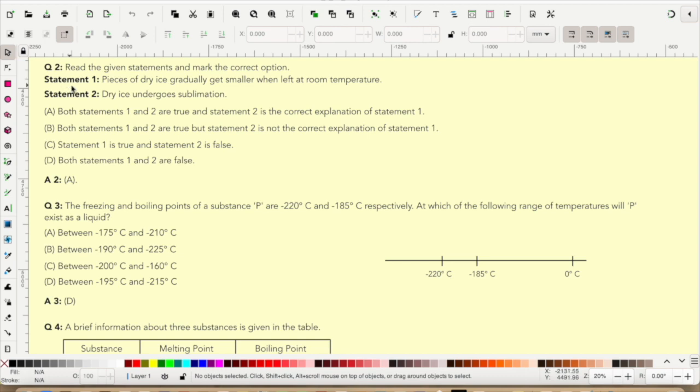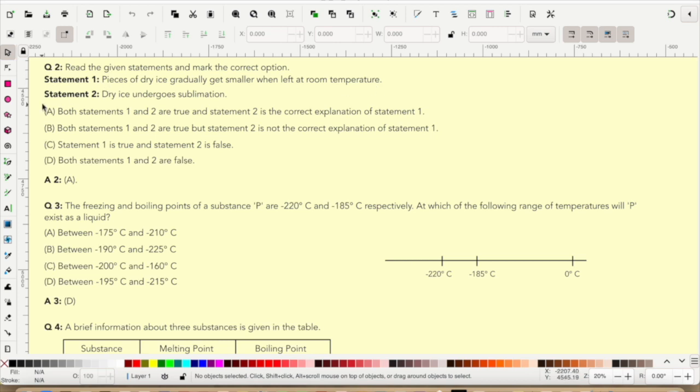Let us figure out. Statement 1 is, pieces of dry ice gradually get smaller when left at room temperature. You know that dry ice is also known as solid carbon dioxide. When left at room temperature, it sublimates, means it directly changes from solid state to gas state and changes into carbon dioxide gas.